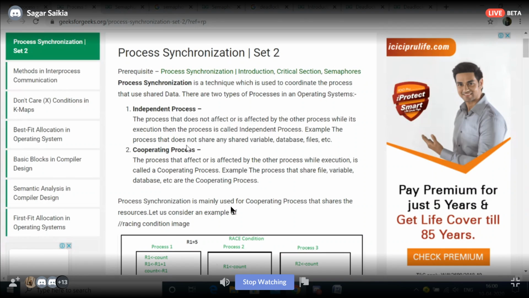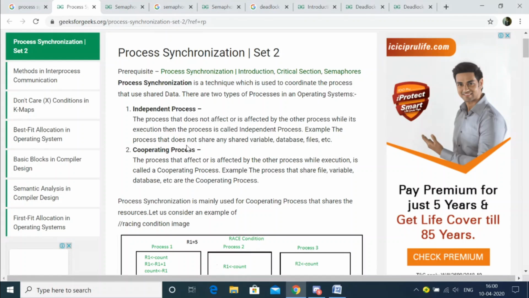In case of an independent process, there is no common sharing, no common code or resources shared between any two processes or a group of processes. They are completely different, they have independent work, and nothing is shared between them. An example is a process that does not have any shared variables, database files or any kind of resources.